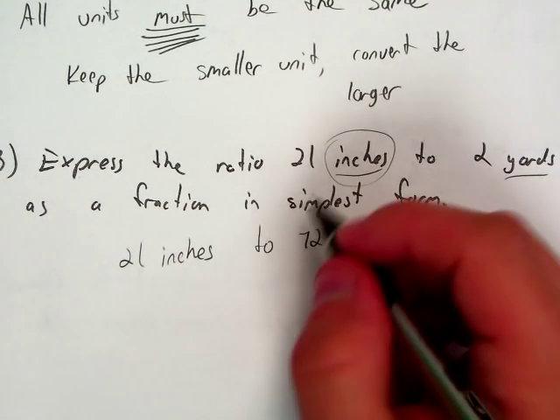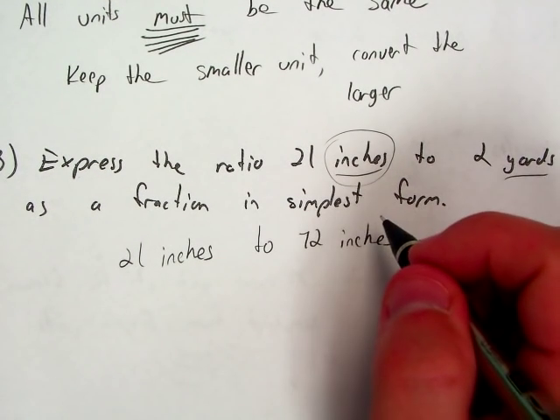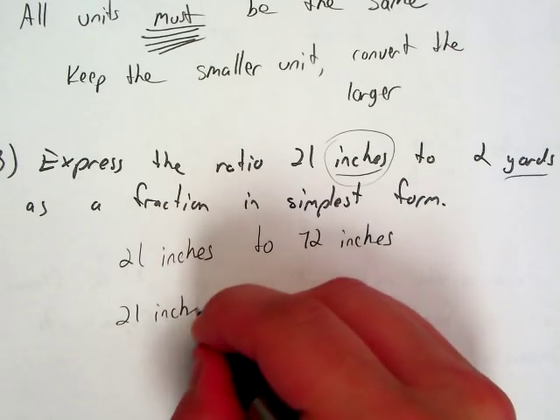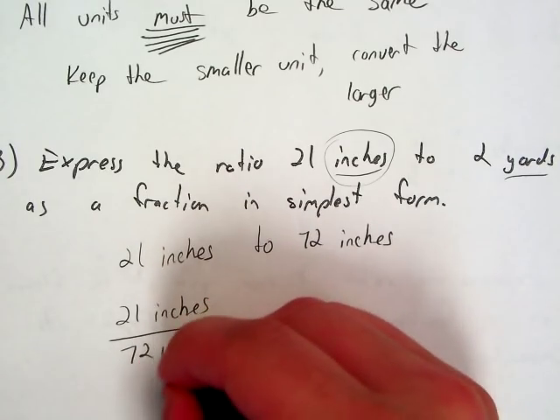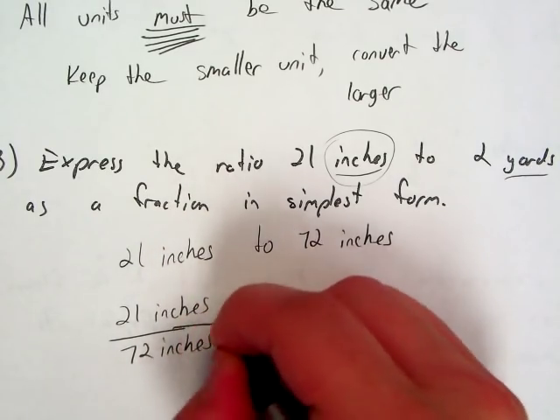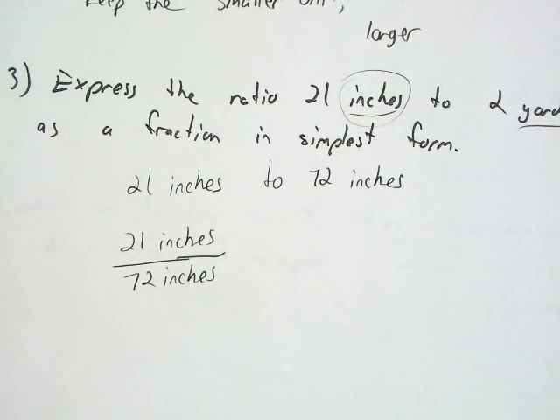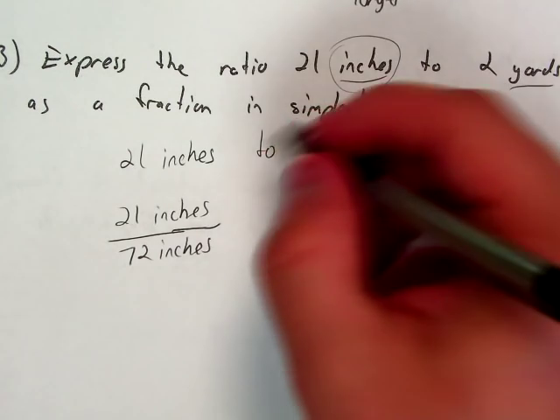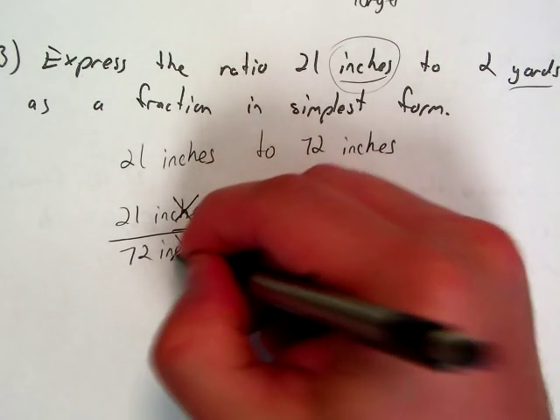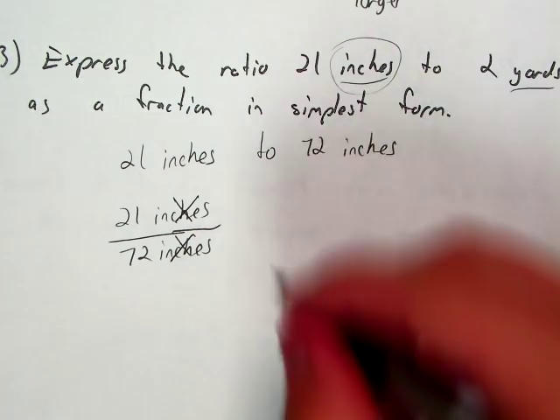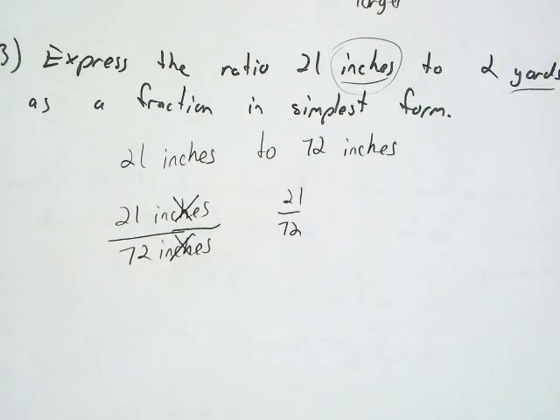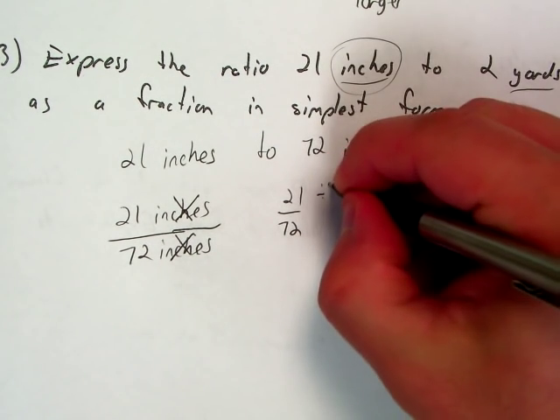The next thing we want to do is we want to express this fraction in simplest form. So I have 21 inches to 72 inches. Now the cool thing in this case is because the units are the same, those units don't have to be there. So this fraction is simply 21 over 72. There's a common factor of 3.